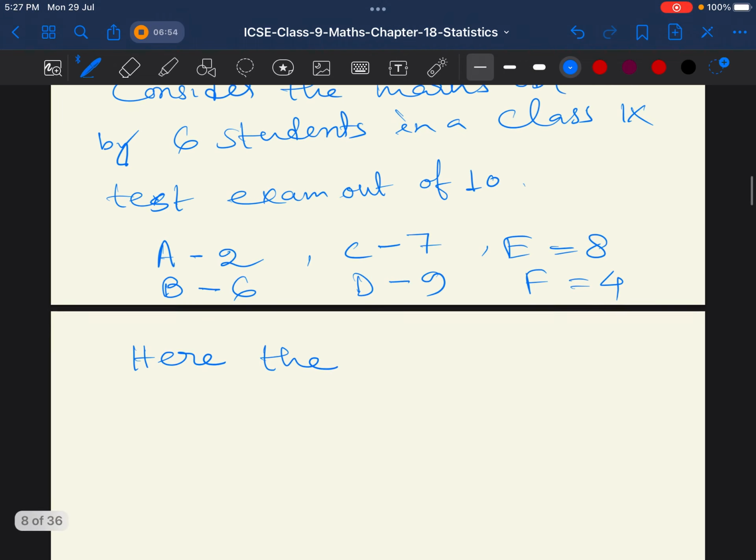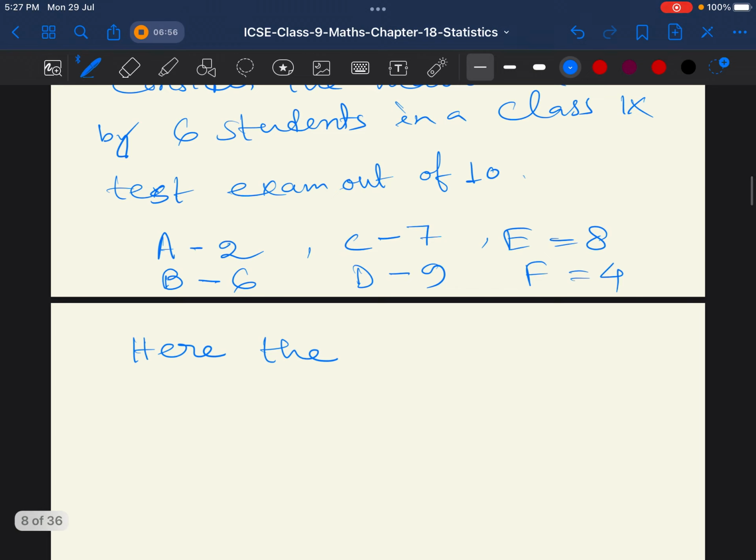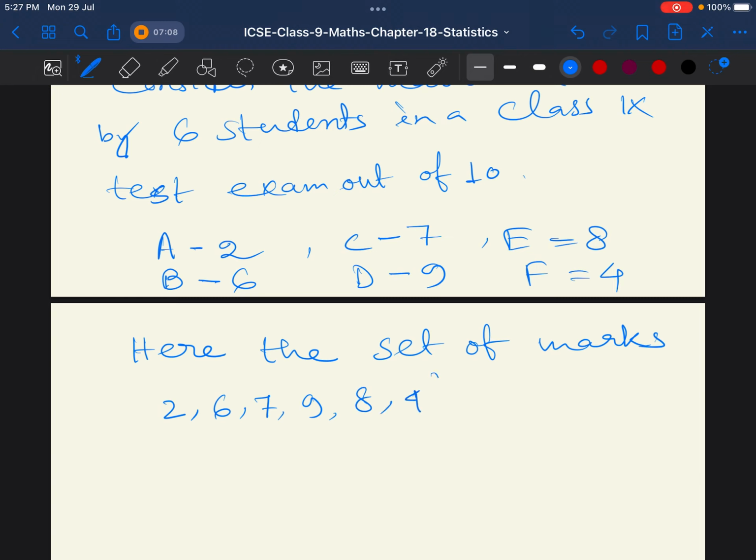So here the set of marks is 2, 6, 7, 9, 8, 4. This is the set of marks, so each is called a set of data.